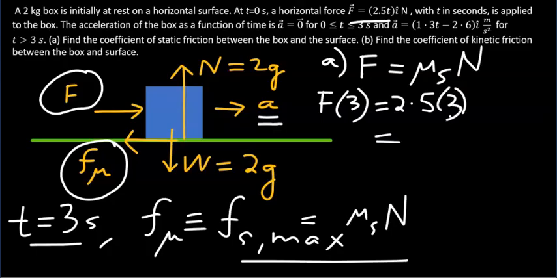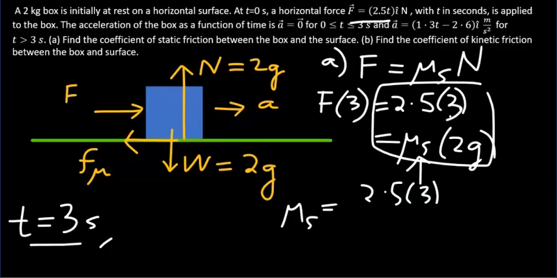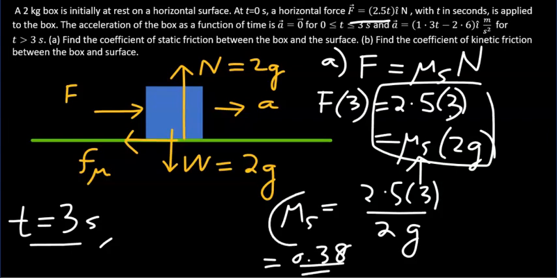And that must be the same as mu sub s times normal. Normal force is 2 times gravity. So from this equality we can solve for mu sub s, and mu sub s is just 2.5 times 3 over 2 times gravity, and that's going to be about 0.38, and that's the answer for part A. Note, the coefficient of static friction has no units.